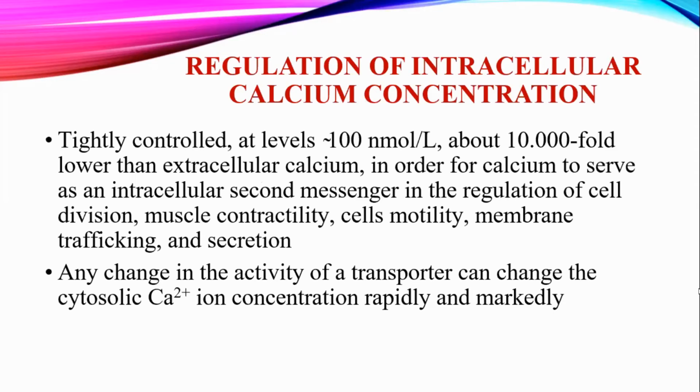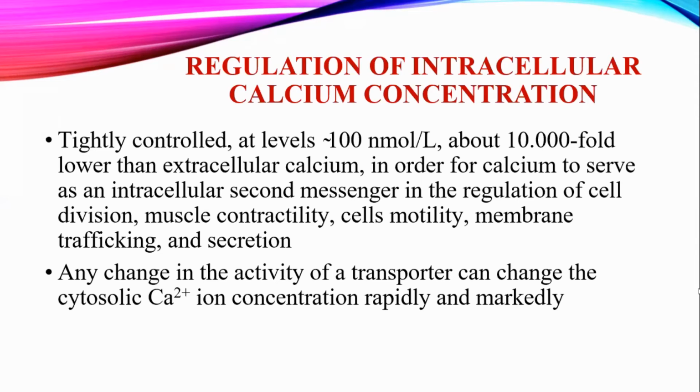Like the extracellular calcium concentration, the intracellular calcium concentration is also tightly controlled or regulated. However, the concentration of calcium in the intracellular space is about 100,000 times lower than the extracellular concentration, around 100 nanomole per liter.